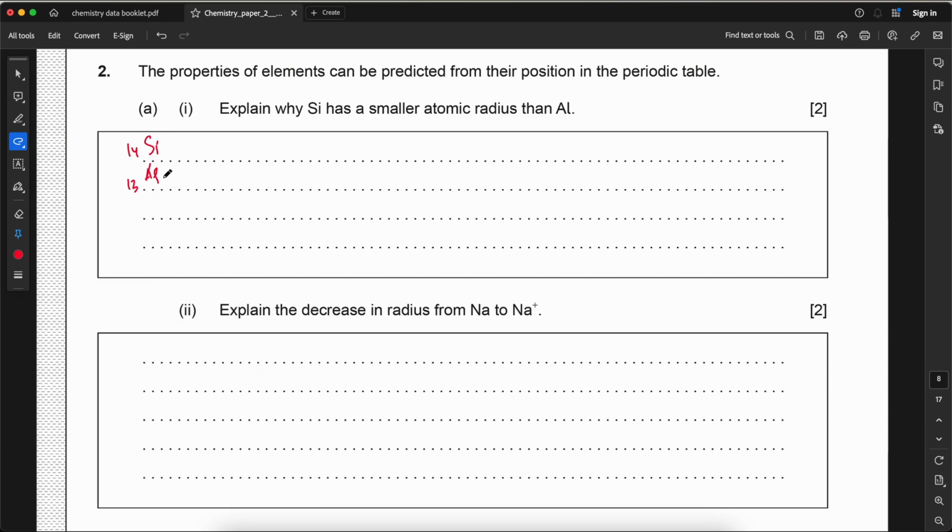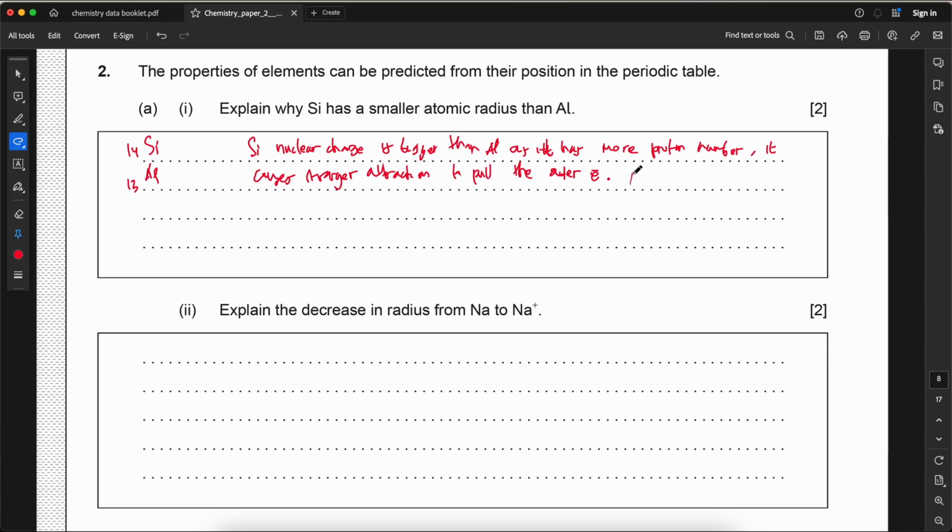If we compare them, silicon's nuclear charge is bigger or higher than aluminum's, as it has more protons, so it causes stronger attraction to pull the outer electron.